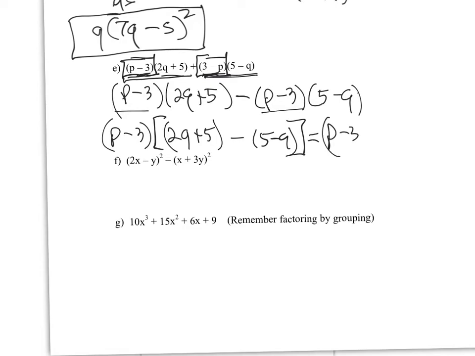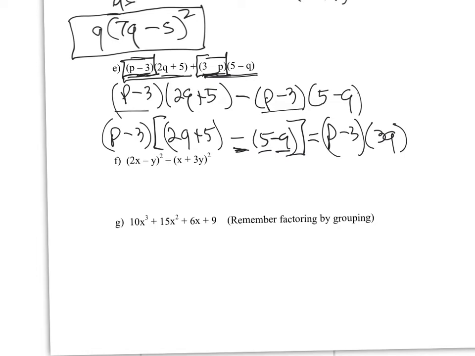So we're going to have p minus 3, we're going to have 2q plus 5 and then minus 5 and a minus negative q, which gives us a positive q. So we're going to end up here with 3q. That's 2q plus positive q. And positive 5 minus 5, so that becomes 0, so this is what we end up with.